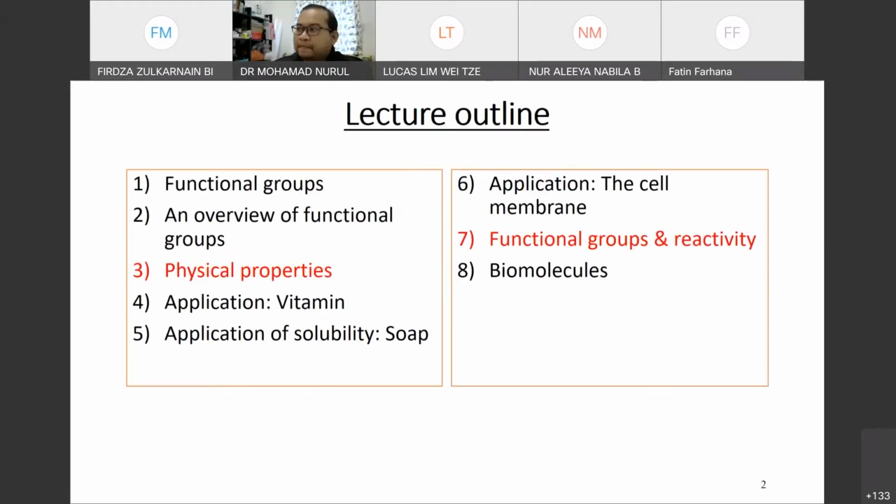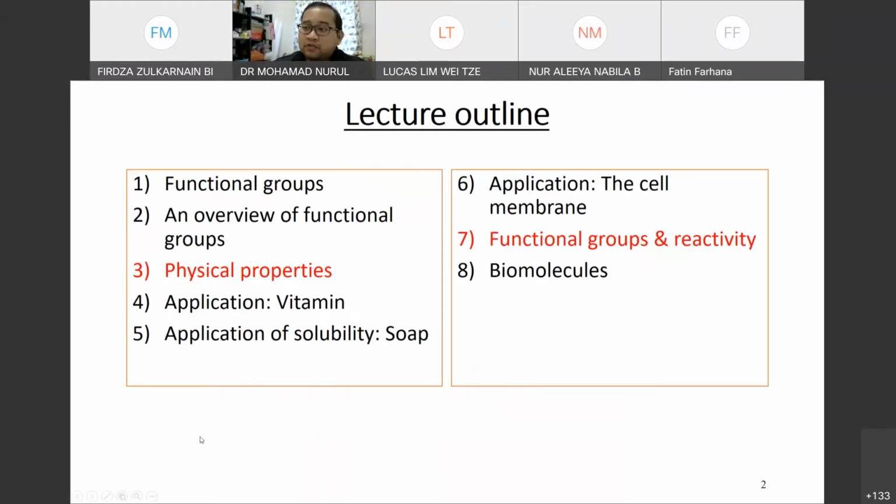In this topic we will study the functional groups. Of course, in organic chemistry there is a huge class of functional groups. The second one is an overview of functional groups: what they have, what bonds are involved, and hybridization is involved also.